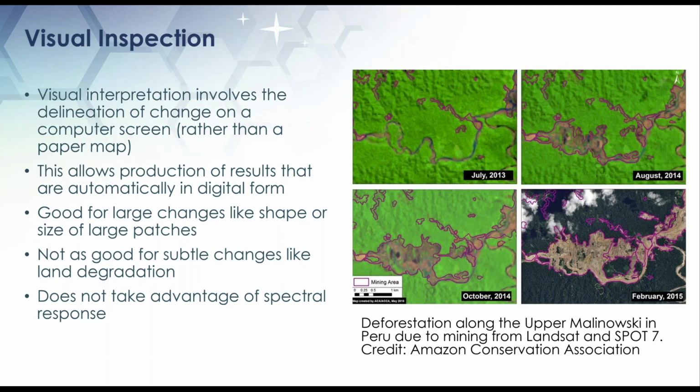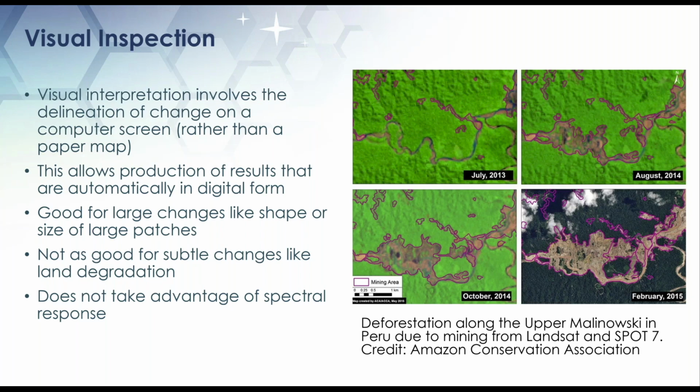So visual interpretation is pretty basic. It involves the delineation of change on a computer screen, something that we typically call heads-up digitizing. So rather than doing it on a paper map, you just do it on the computer screen. The benefits are that it allows production of results that are automatically in digital form.